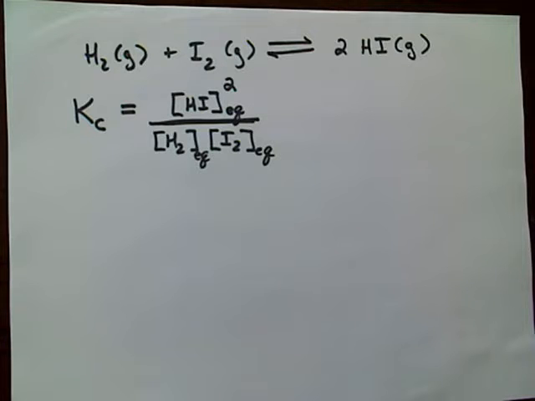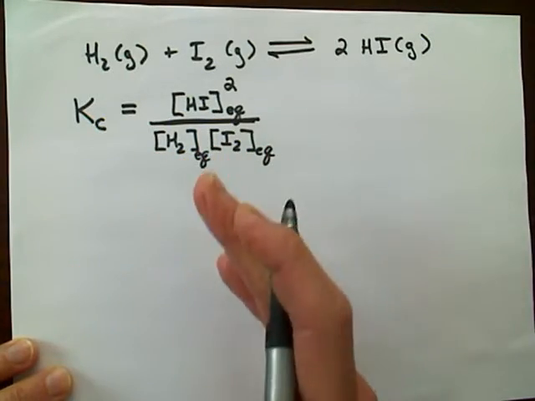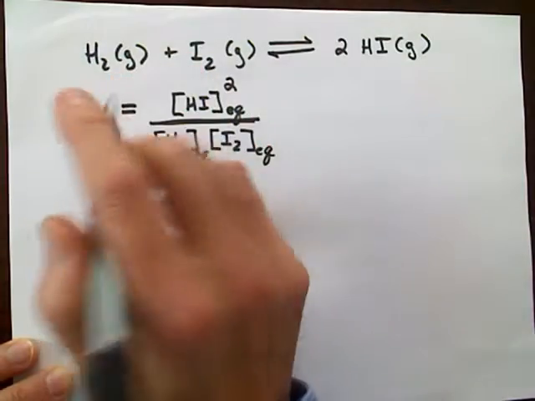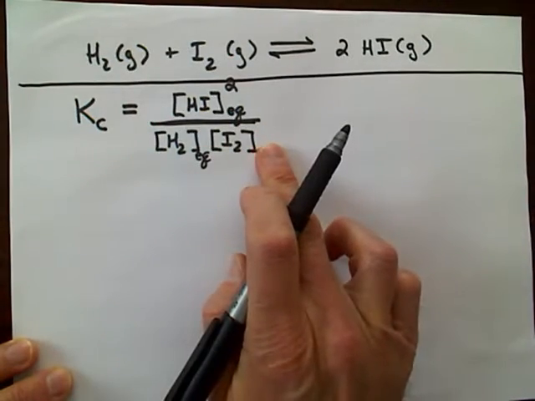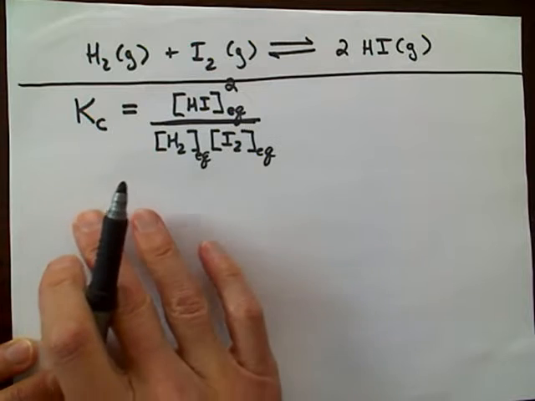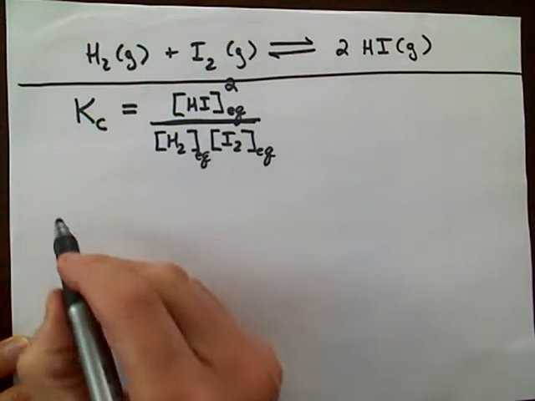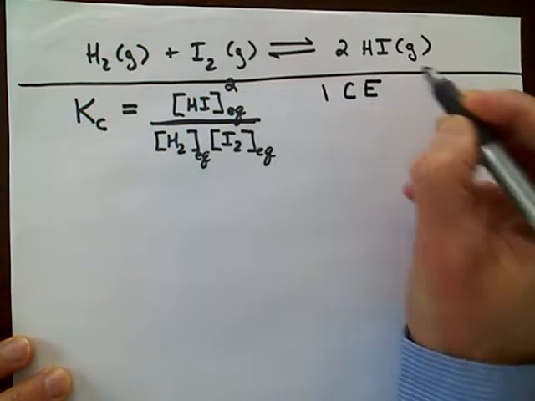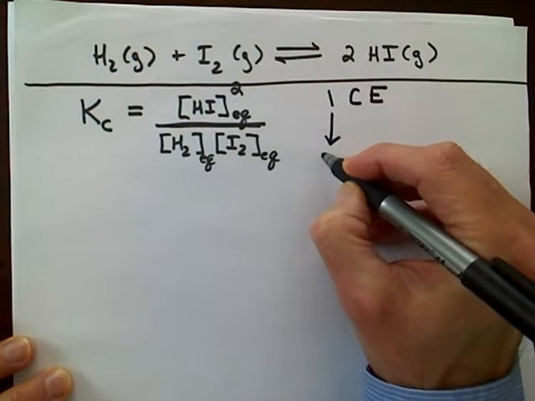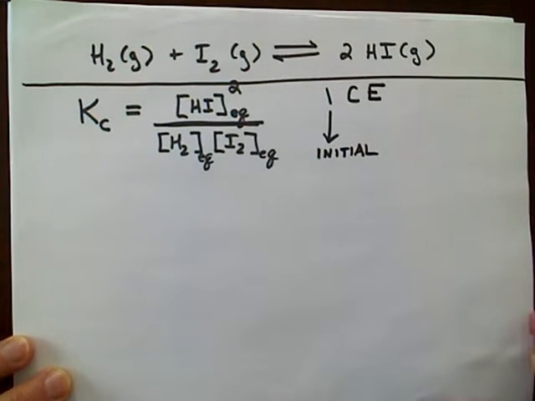Now we're going to show you a way that we use equilibrium constants to solve some problems. So we've got our equation up top. We've got our equilibrium constant expression. And then often what we do to keep track of what's happening to a reaction is we write what's called an ICE chart, I-C-E, where I stands for initial conditions, or initial concentrations.